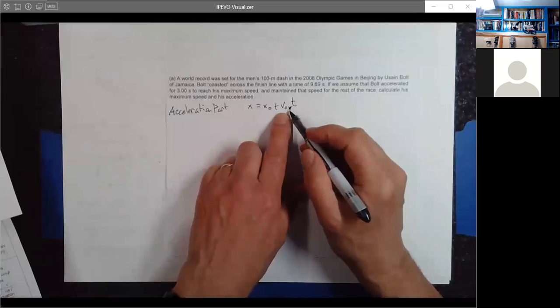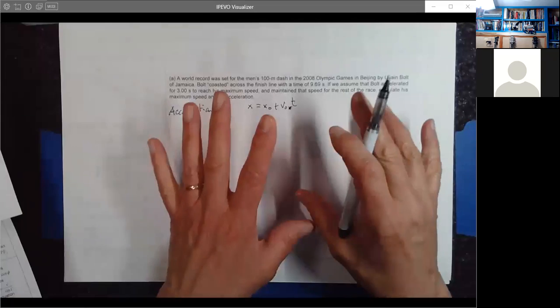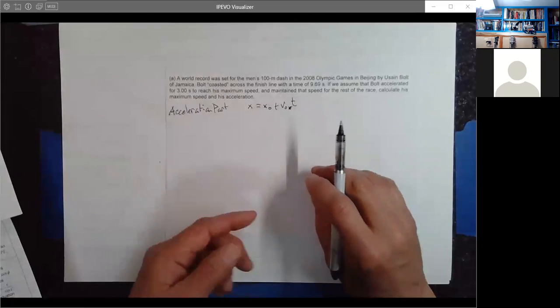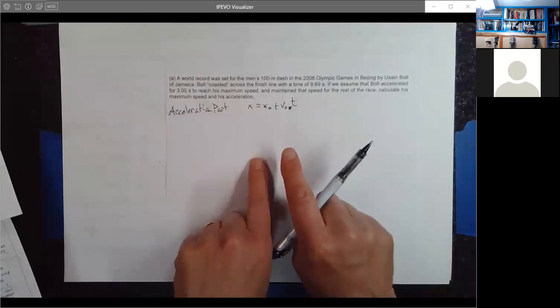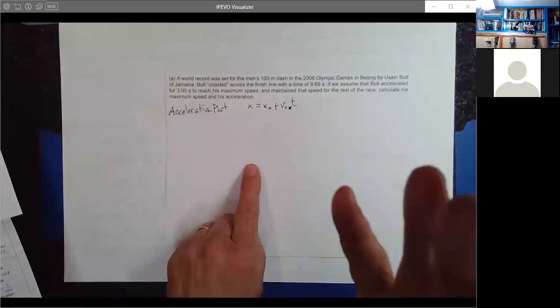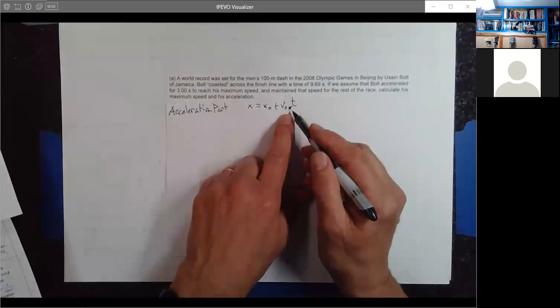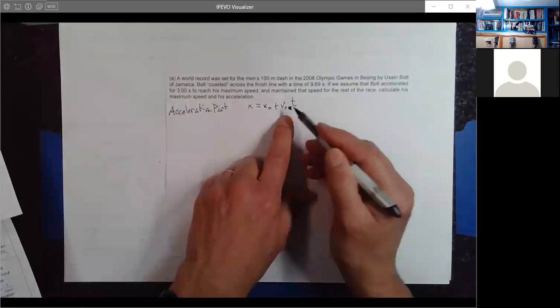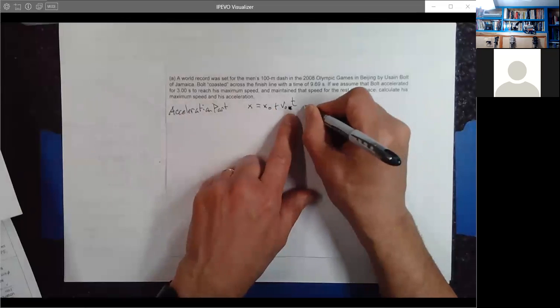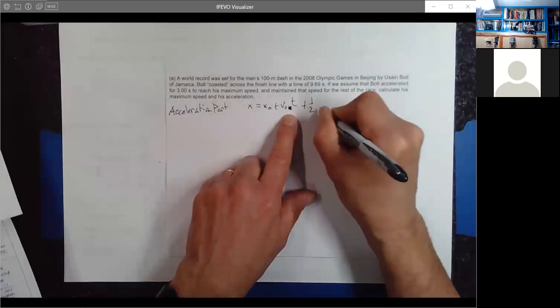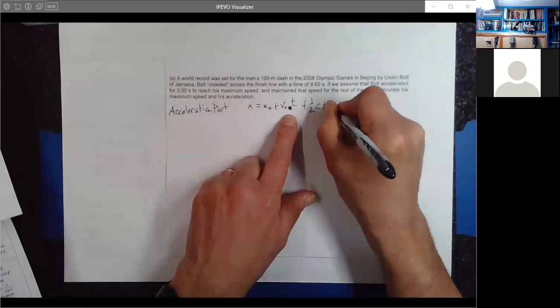Next week, we're going to be looking at situations of two-dimensional motion where we'll have motion both horizontally and vertically, and then we'll call y the vertical direction, and we may use that. But since this is one-dimensional motion, we don't need that extra subscript here. So anyway, plus v naught t plus 1/2 a t squared.